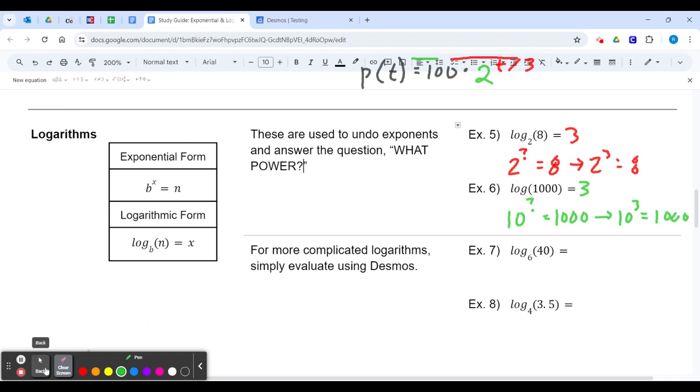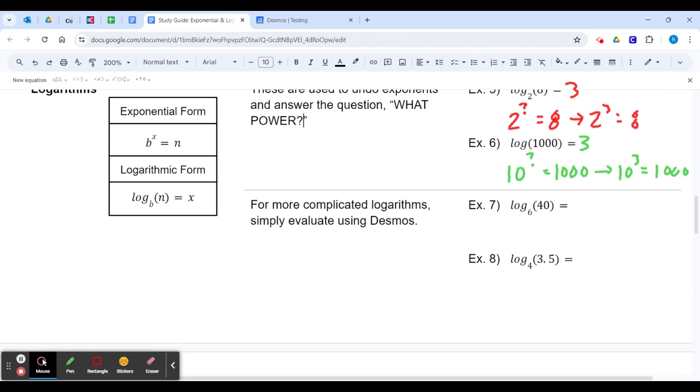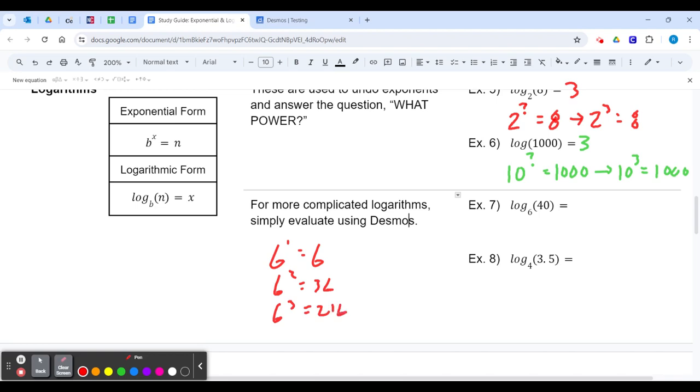For more complicated logarithms, like log base 6 of 40 and log base 4 of 3.5, we won't get a clean number, right? If we took 6 to the first power, we get 6, 6 to the second is 36, 6 to the third is 216. So our answer doesn't really show up there. That 40 doesn't really show up there.